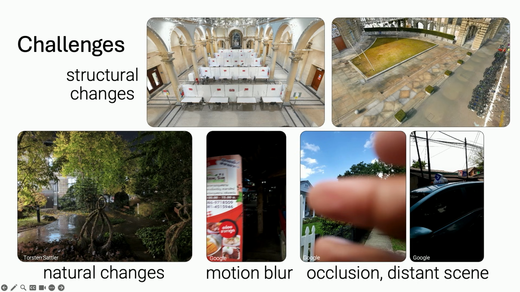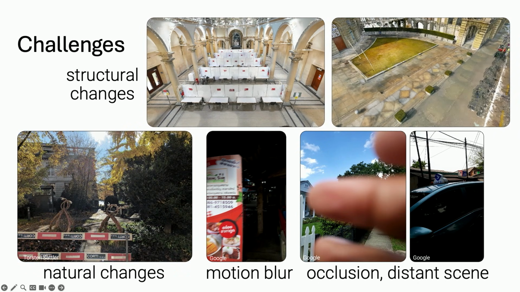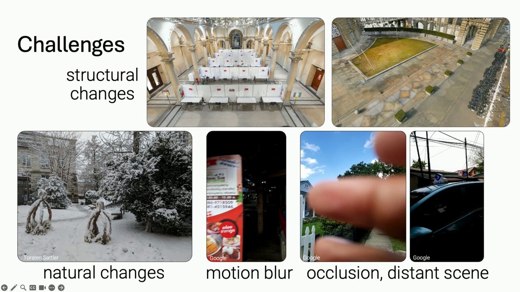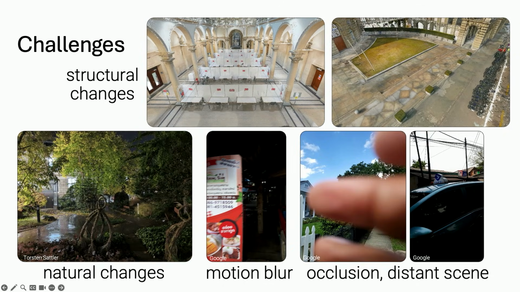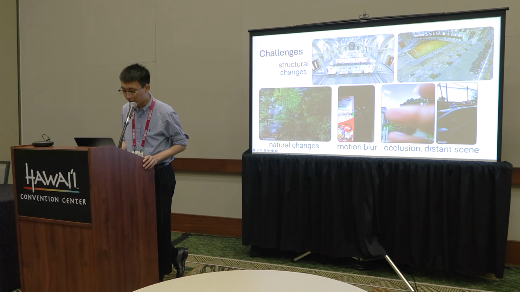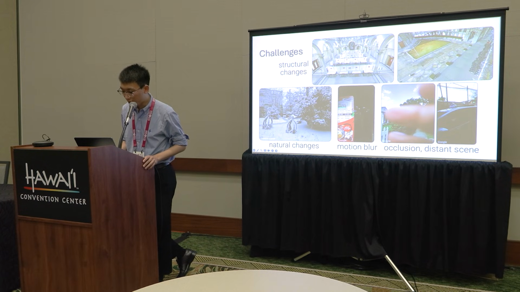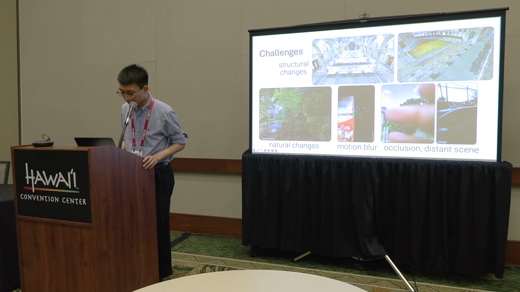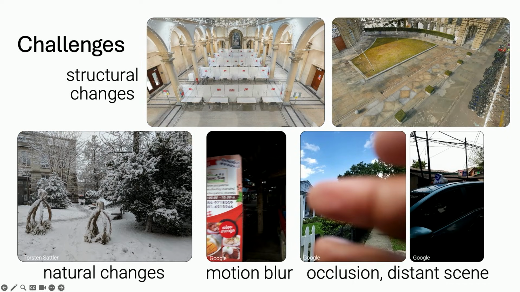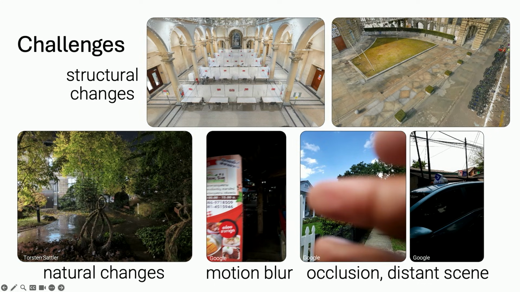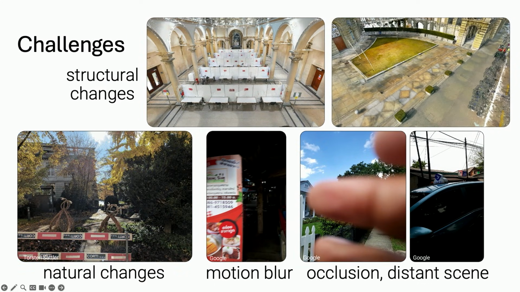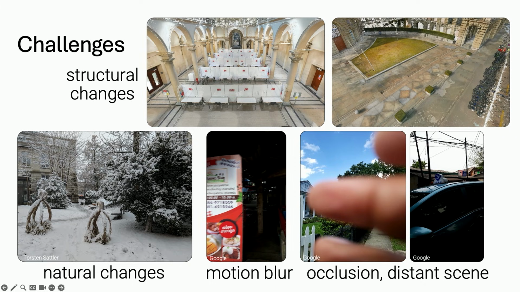However, many challenging scenarios remain, which include large appearance, structural, or viewpoint changes between the mapping and the query images, and motion blur or occlusion can make this extra challenging. All these challenges are what we, as people who build datasets, focus on.